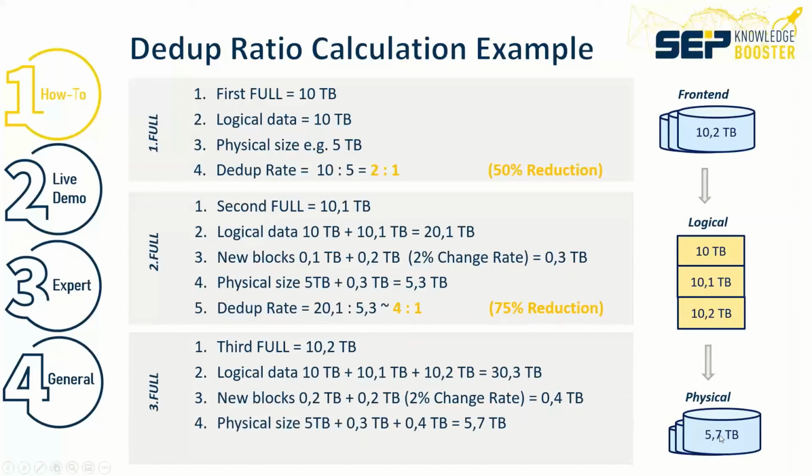And the physical size would now be 5.3 plus the 400 gig, which is 5.7 terabyte. And for the dedup ratio, you have to compare the 30.3 to the 5.7. And now you have a dedup ratio of 5.3 to 1 with 82% reduction, which is equivalent.